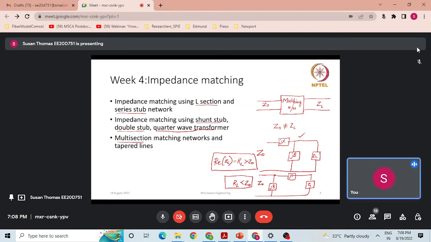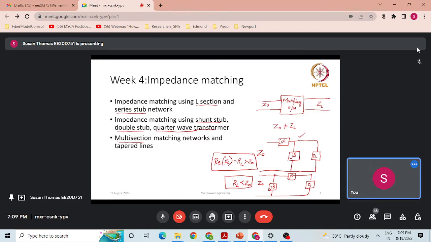Our aim in this session is to work out some numericals based on this. So I will not go into the details of any of the derivations or how it is achieved. We will concentrate on how we look at the numericals to solve.